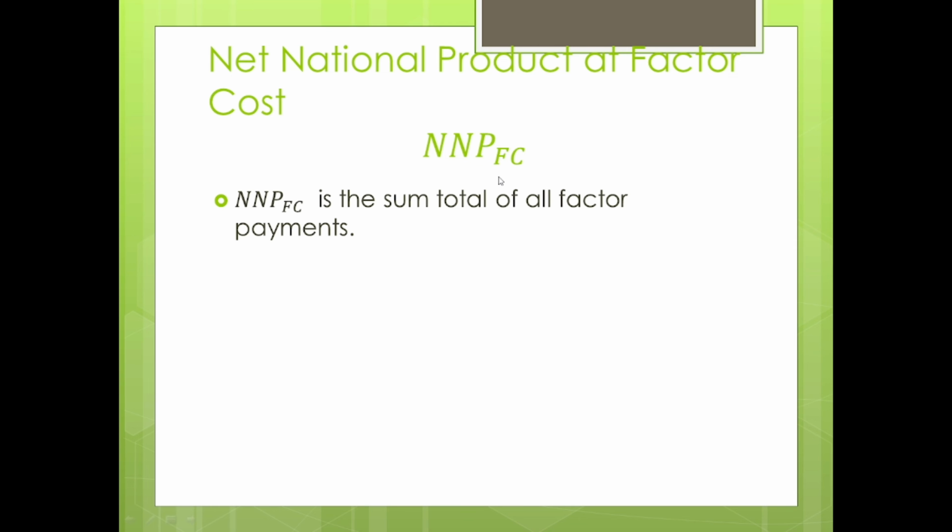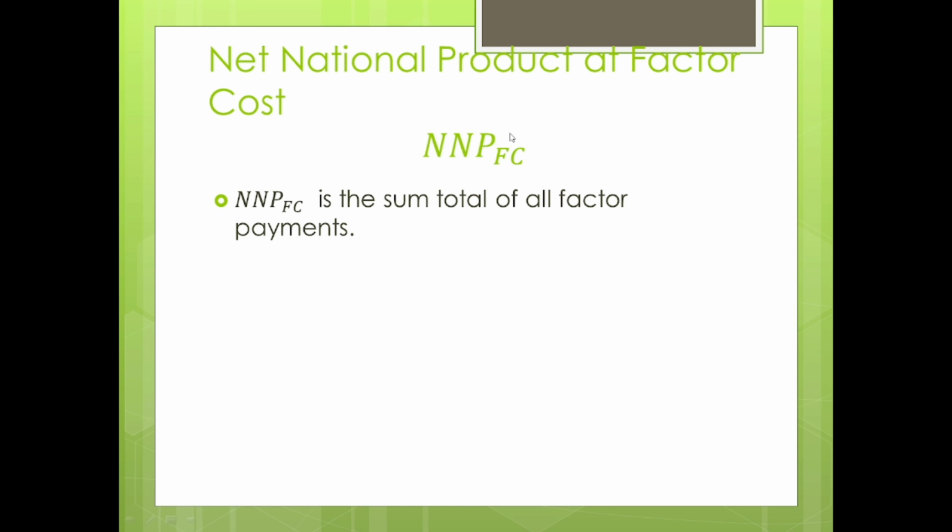So in an economy, there are four factors of production: land, labor, capital, and enterprise. If I add all their incomes, that becomes national income. For example, the landlord gets rent, labor gets wages, the capitalist gets interest, and enterprise receives profits. So when I add the incomes of these four factors of production, we get net national product at factor cost.